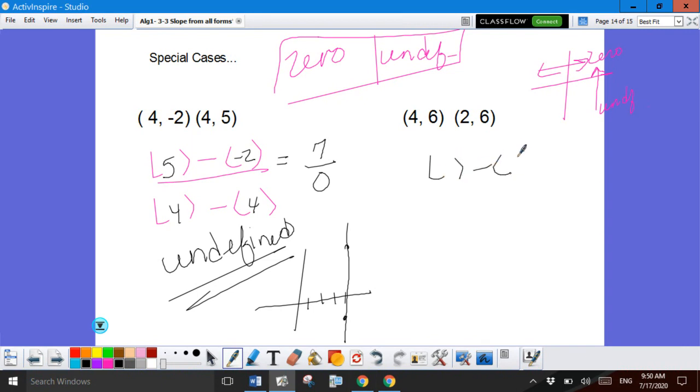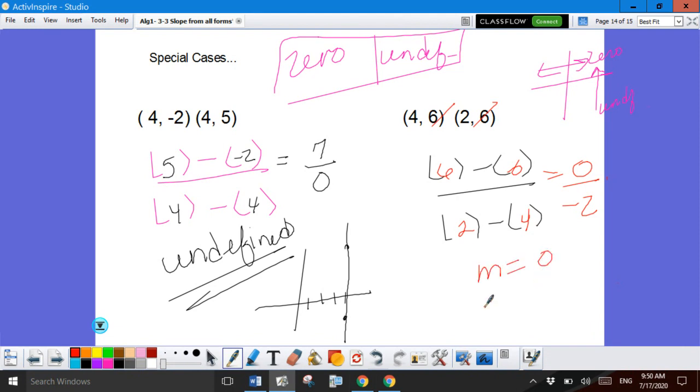This one is exactly the opposite. It's going to be our 0 slope. So let's look at what happens there. So I have 6 minus 6, and 2 minus 4. So I have a 0 and a -2. Well, 0 divided by -2, that's 0.